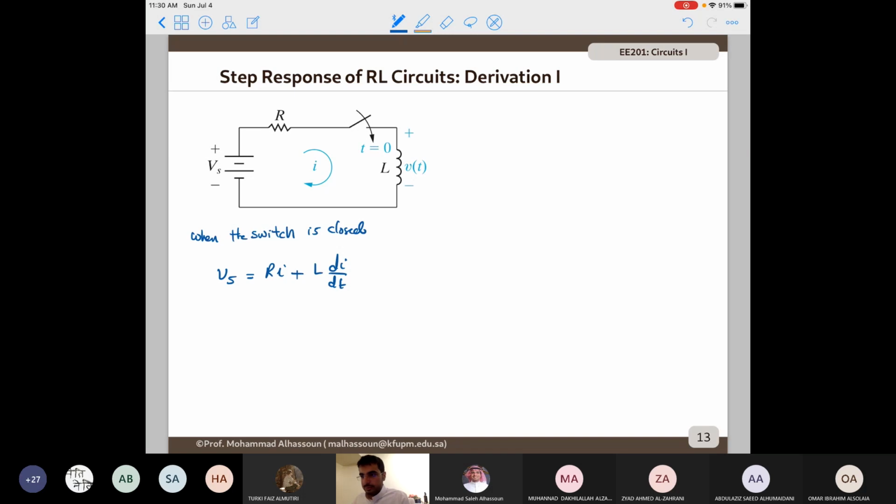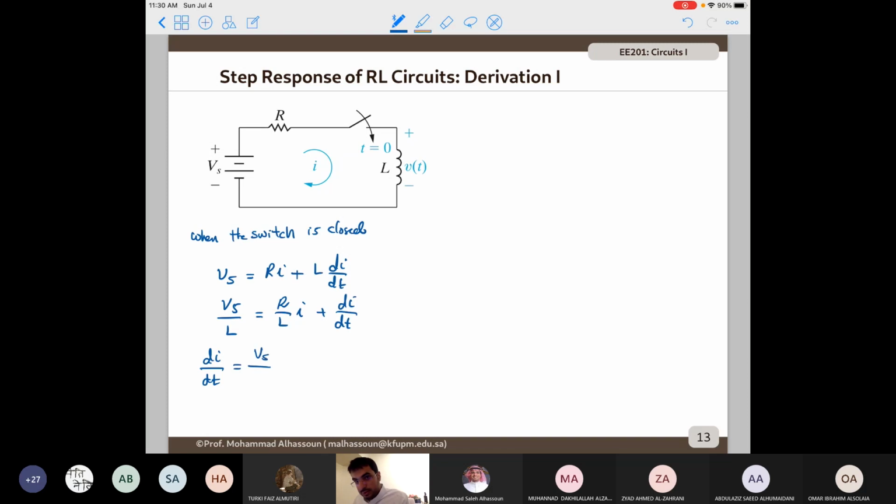in a standard way. The standard way is to divide by the coefficient, making sure that the coefficient of the highest derivative term is 1. So in this case, it's going to be Vs divided by L equals R divided by L multiplied by i plus di by dt. Let me move the derivative term to one side.